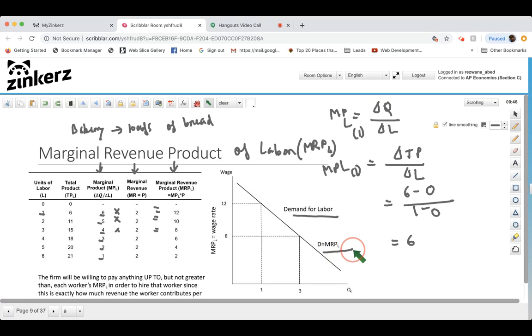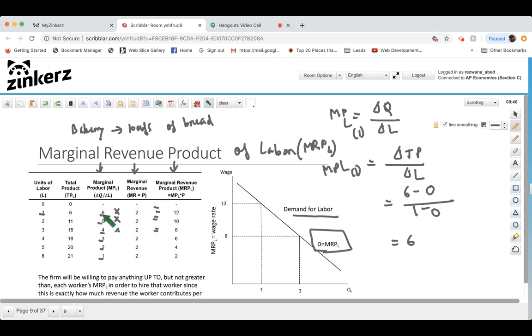This is why I have written here that demand for labor is equal to MRPL, which is what we're trying to establish, because the maximum amount that farms would be willing to pay to hire a worker is how much they are adding to the farm's total revenue.